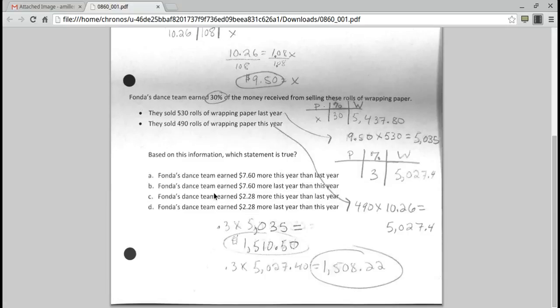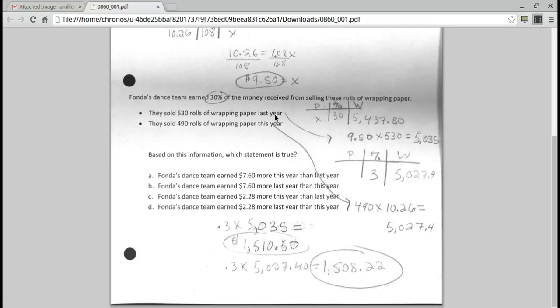Part B gets a little bit harder. It says Fonda's dance team earned 30% of the money they received from selling these rolls of wrapping paper. So we've got to figure out how much they made and then what's 30% of that. They sold 530 rolls of wrapping paper last year, and they sold 490 rolls of wrapping paper this year.